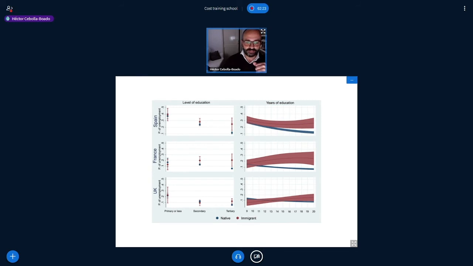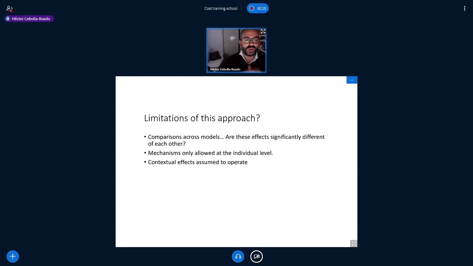So this is the simplest comparison between contexts. To start with, when we use this approach, we are making comparisons within each context. We are comparing migrants and natives within its context. We're not comparing them across, right? So this is one of the main limitations of this approach.